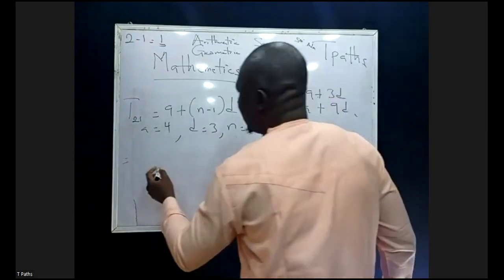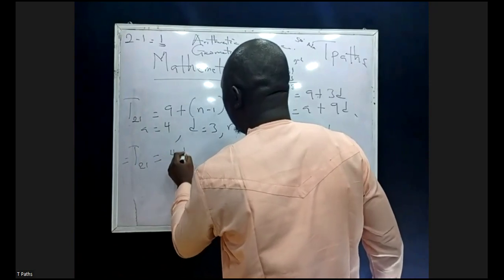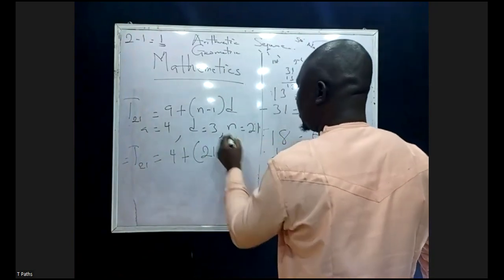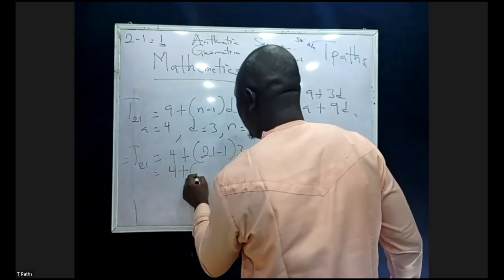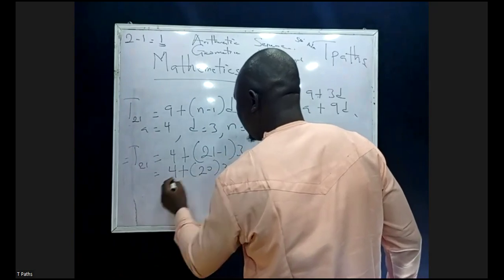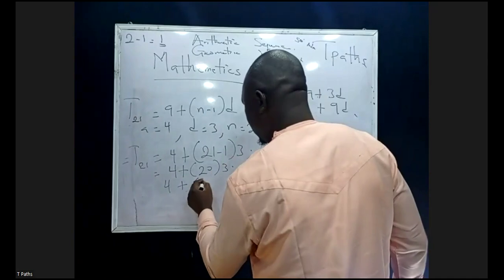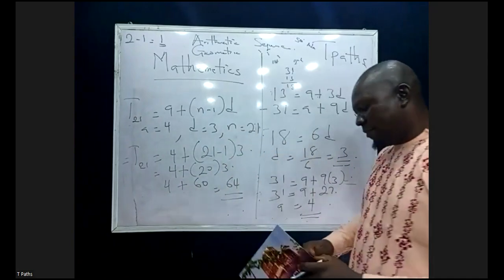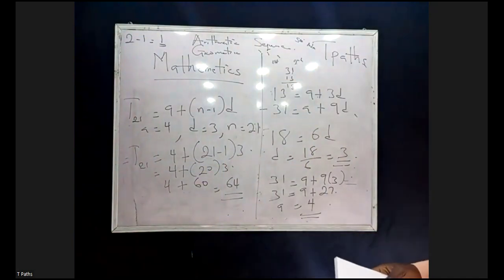Now input the data: T21 equals 4 plus 21 minus 1 times 3. So 4 plus 20 times 3, which is 60, so we're going to have 64. The 21st term of that sequence is 64, which is the answer.